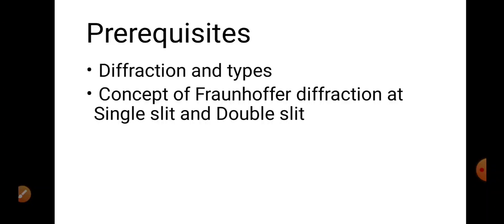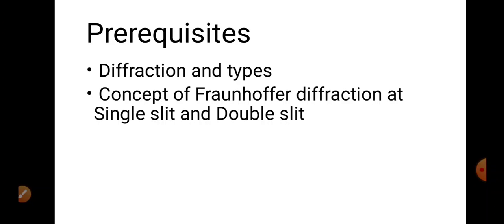We don't go into detail about the differences between Fresnel and Fraunhofer diffraction. But one important thing is that in order to obtain diffraction, we need three things: a source, a slit or aperture, and a screen.